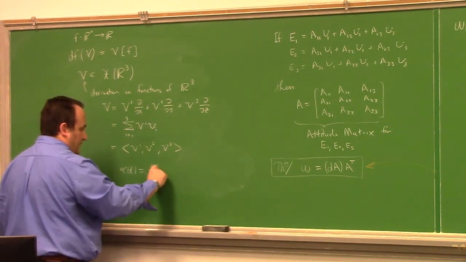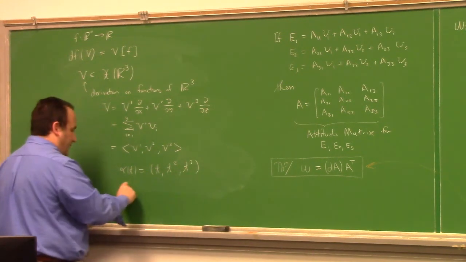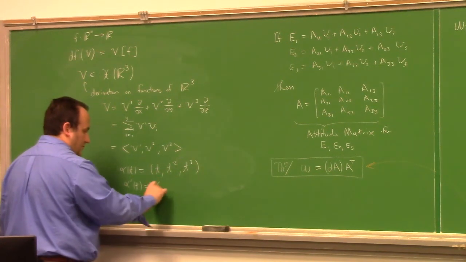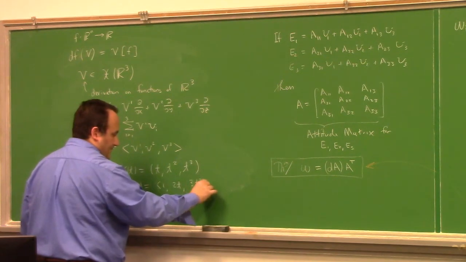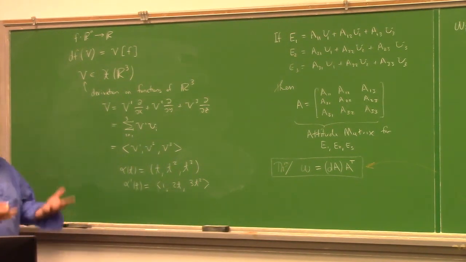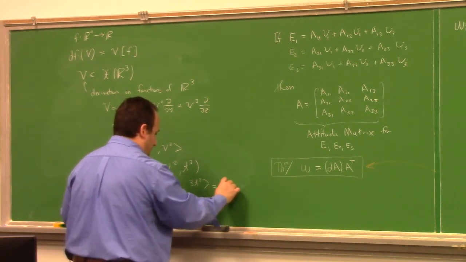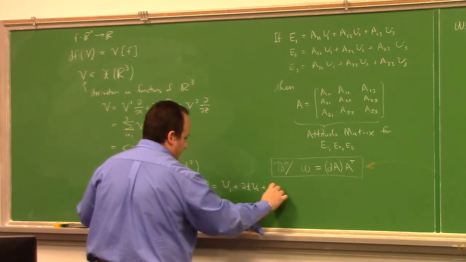If alpha of t is t, t squared, t cubed, alpha prime of t, what was it? 1, 2t, 3t squared, right? When you do that, you're using this abusive notation because we also do mean that this is equal to u1 plus 2t u2, plus 3t squared u3.